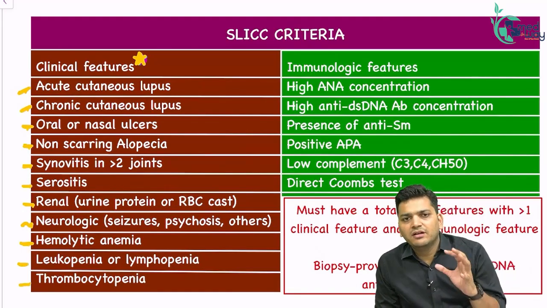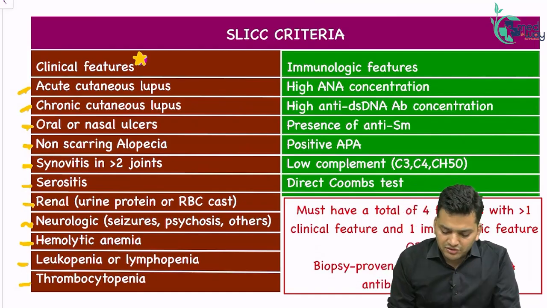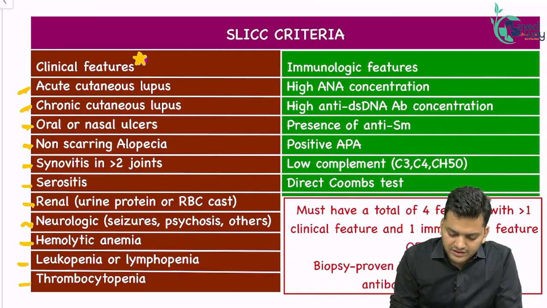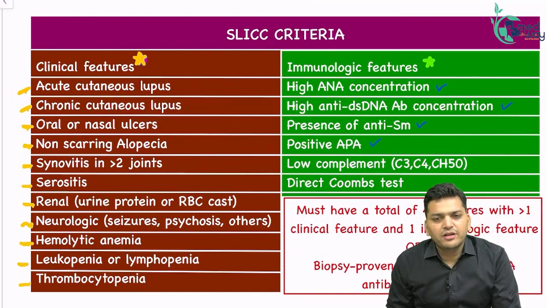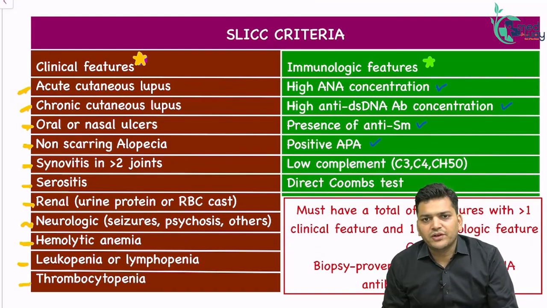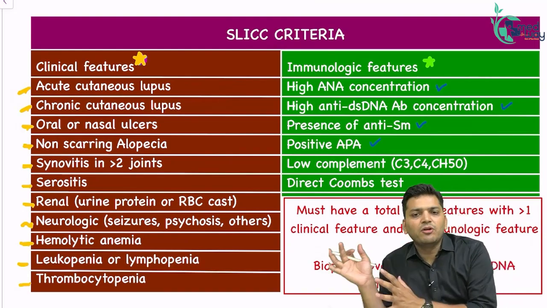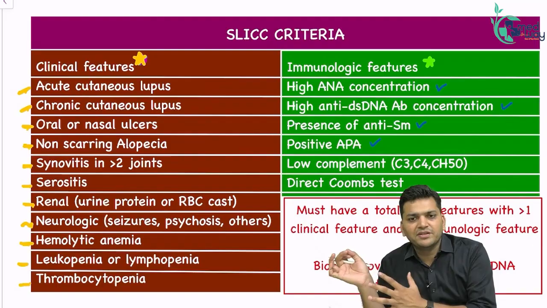So these are the clinical features that we need to search for. Plus the immunological features that we can search for are generally the antibodies or the complements, such as the ANA, anti-dsDNA, anti-Smith, positive antiphospholipid antibody, or low complements, or direct Coombs test.